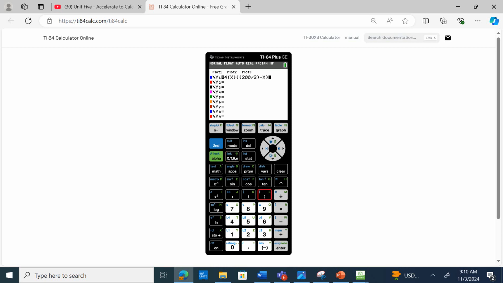Okay, this is the area, so I'm going to do a quick estimation. I know the area is not going to be negative, and I'm going to try going out to, just taking a guess here, 50. I can adjust that if I need to. And then I'm going to do zoom fit. Let's see what this looks like.